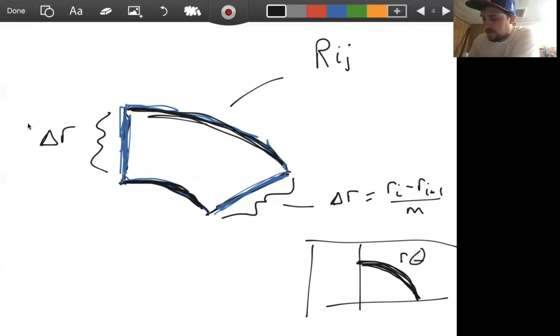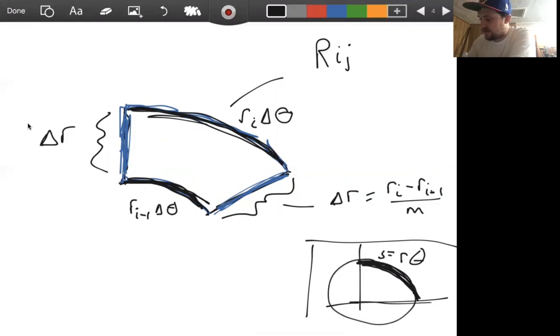So our length of the bottom curve is R_{i-1} delta theta, and the length of this top curve here is R_i delta theta. If you just have a circle and you're going from, say, 0 to pi over 2, then it's just the radius times the angle, and the angle is pi over 2.